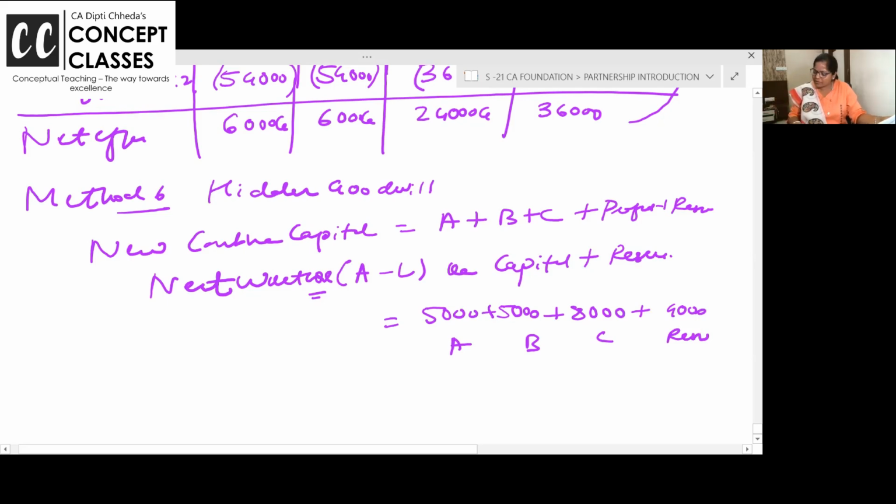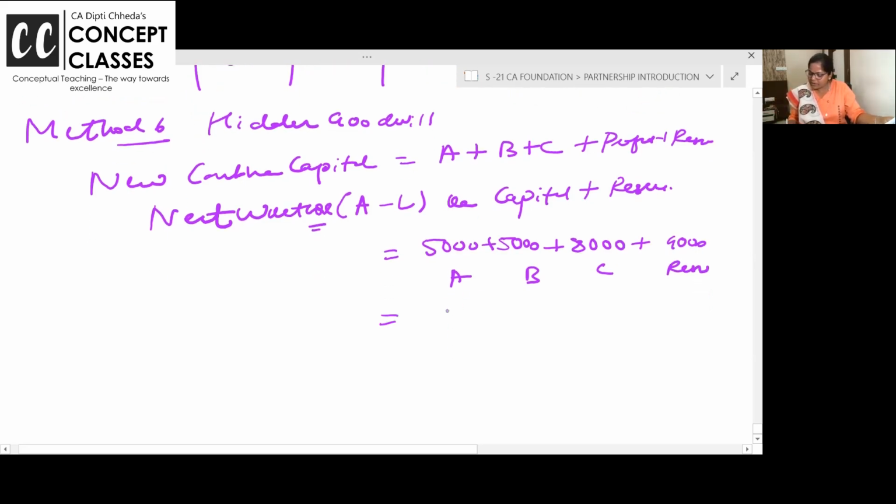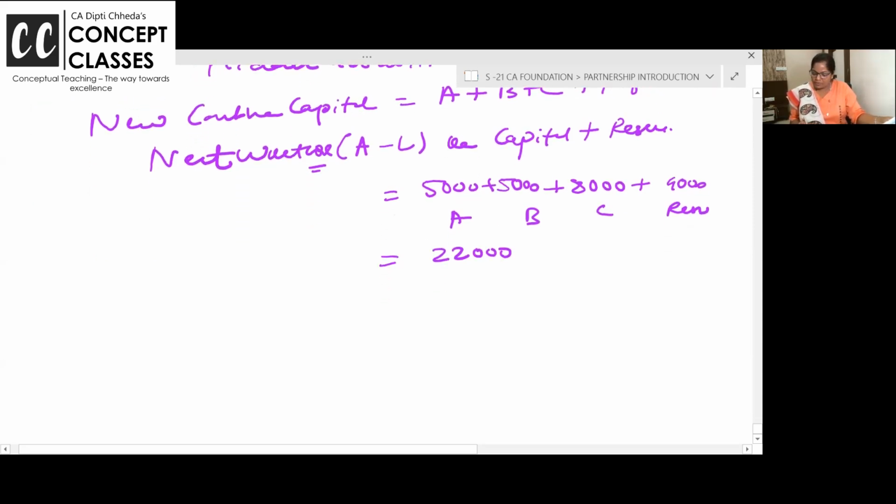Reserves are also part of the capital. So what is the total? 22,000. Yes, 22,000 is the capital. Now, in the new capital, it's a beautiful concept of hidden goodwill. In 22,000, what should be the share of new partner C in the new capital? C's share, 1/4 of 22,000.